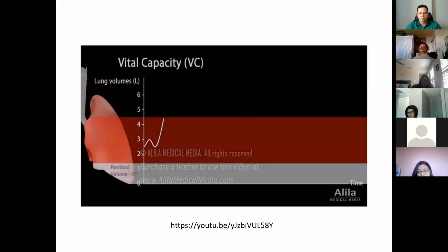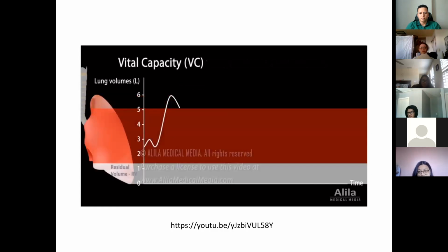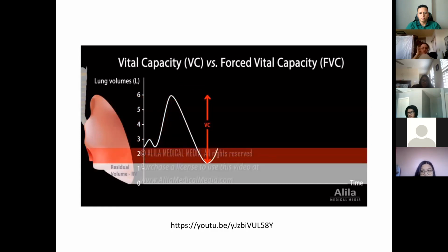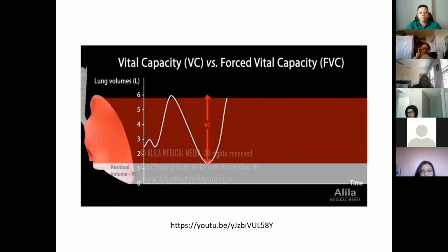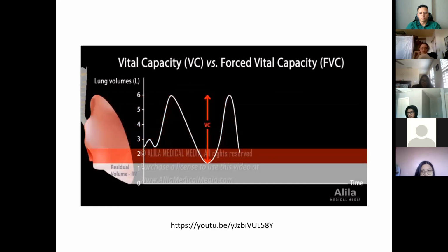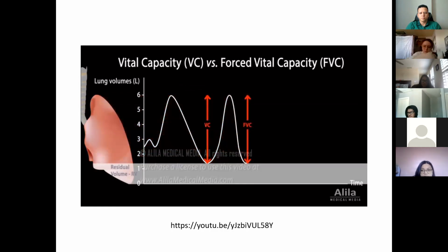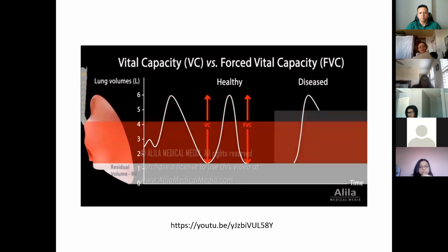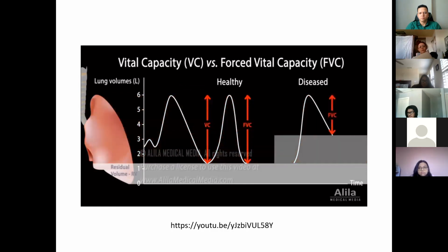Vital capacity can be measured as slow vital capacity during slow, relaxed breathing, or as forced vital capacity, FVC, when the patient is asked to breathe out as hard and fast as possible. While there is little or no difference between these two values in healthy individuals, people with difficulty exhaling usually show significantly lower FVC.